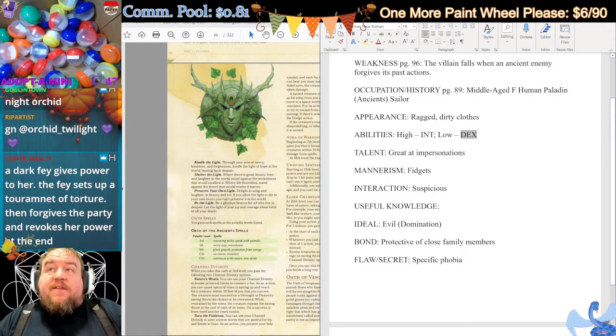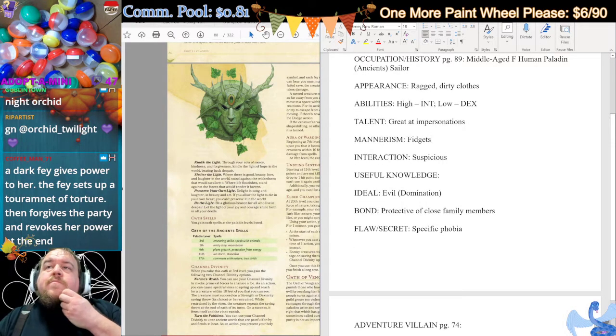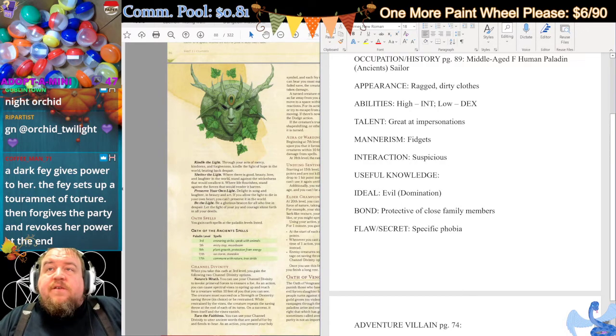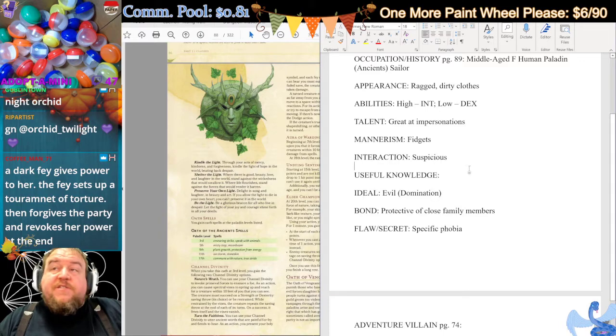But we do have a very intelligent person, but someone who is not just inflexible in faith or tolerance, but also inflexible of body. She fidgets. She interacts with people in a very suspicious manner.